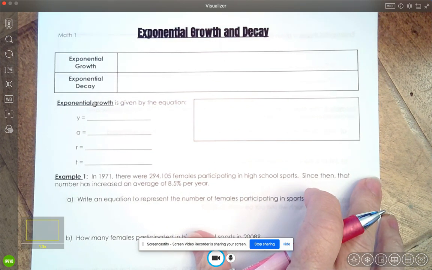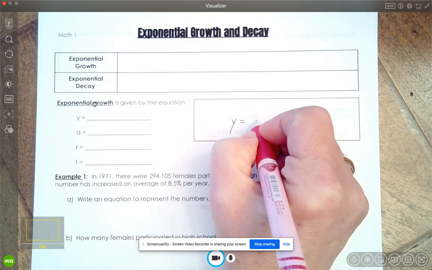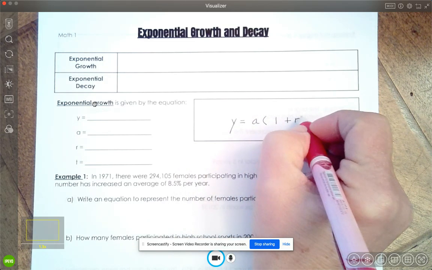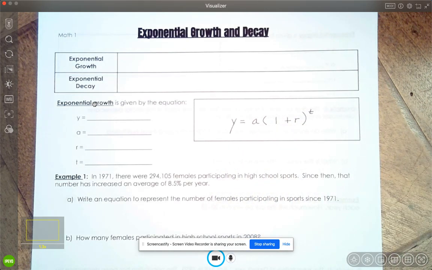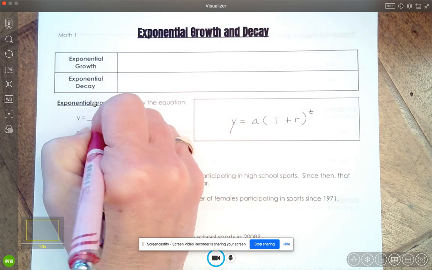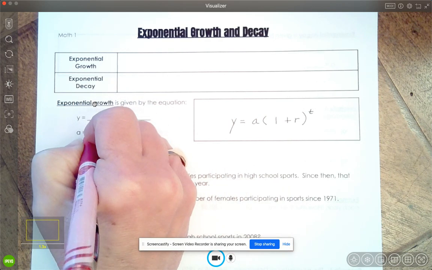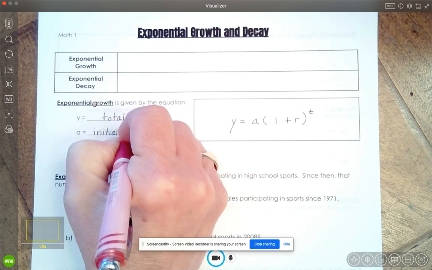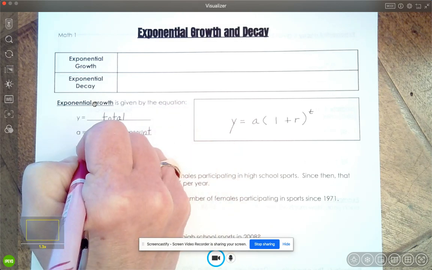An exponential growth is given by an equation. Y is equal to A times 1 plus R to the T. This is what we would put in for an exponential growth equation, where Y is going to be my total, A is going to be my initial amount, R is my rate.